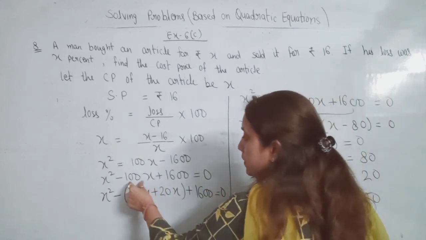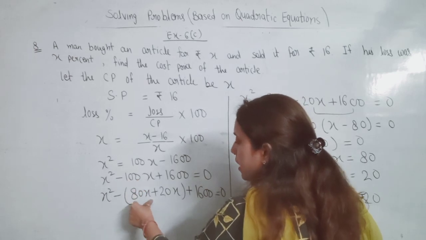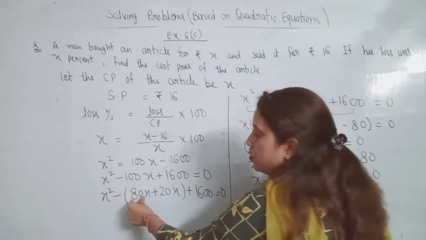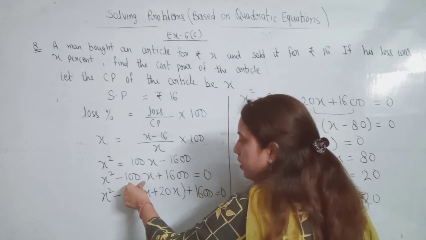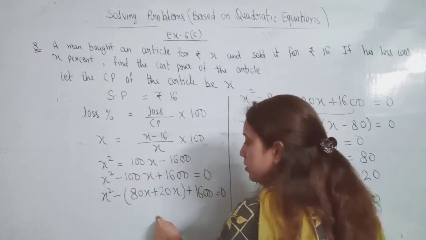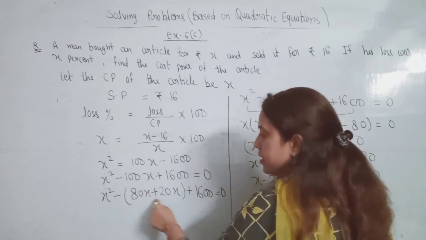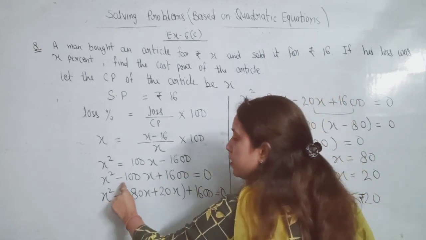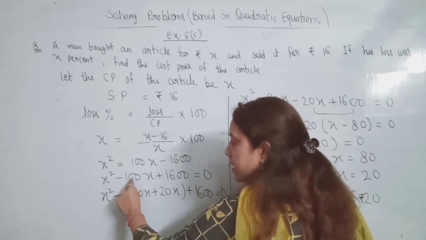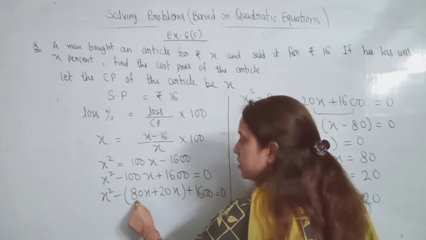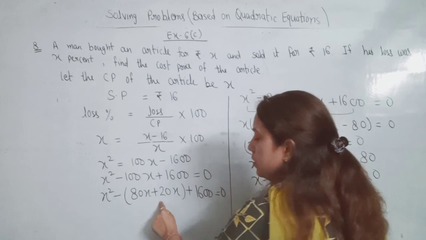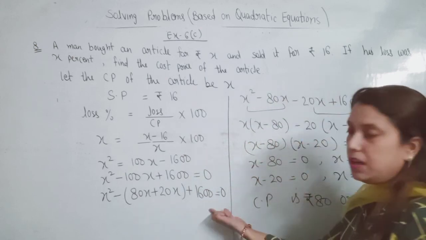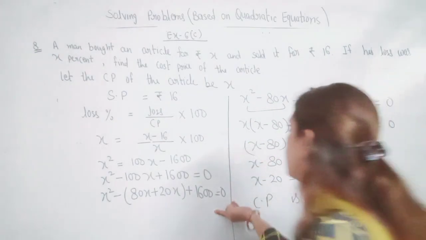So we split 100 into 80x and 20x. 80x plus 20x will be 100x, and when we do the multiplication 80x into 20x, it will come 1600. So x square, we take the minus sign outside from the bracket, 80x plus 20x plus 1600 is equal to 0.